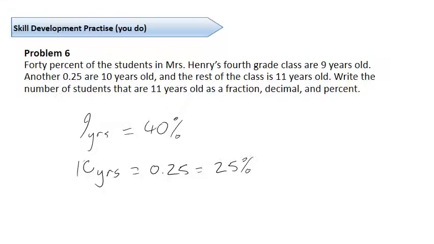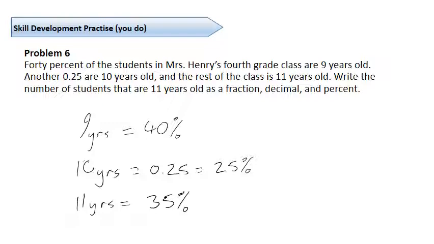And the rest of the class is 11 years old. So if you look at the percentages that you already have, you have 40% and 25%, so that gives you 65% that we have used for our 9s and 10s, which means we must only have 35% left over for our 11-year-olds.